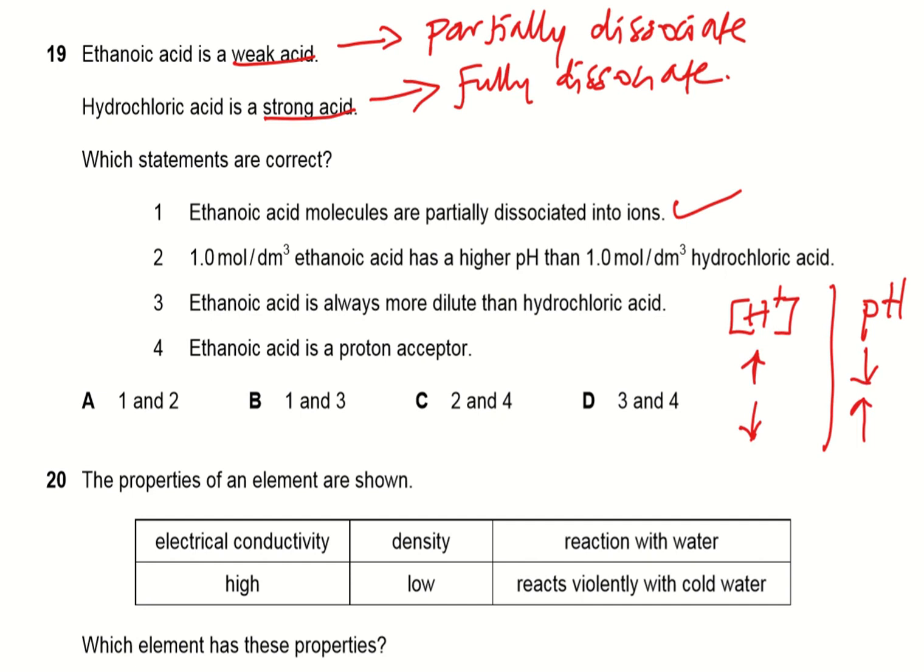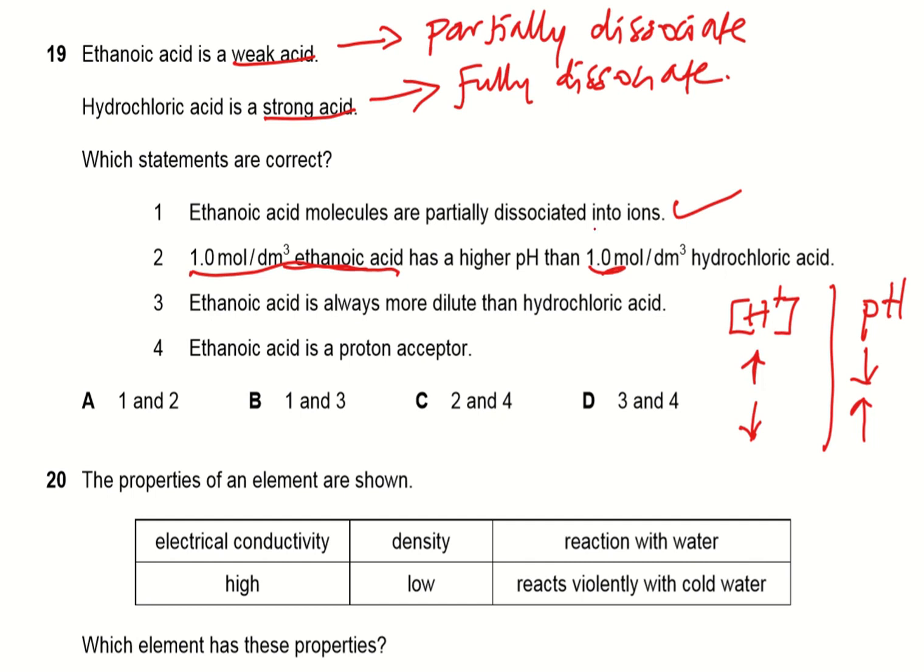Now, with 1 mole per dm³ of ethanoic acid, we have lesser hydrogen ion concentration because it dissociates partially. So when 1 mole of ethanoic acid dissociates, you have lesser hydrogen ion concentration entering the water compared to when 1 mole of hydrochloric acid dissociates, because hydrochloric acid, being a strong acid, would dissociate completely.